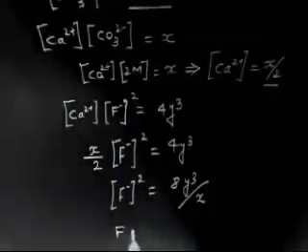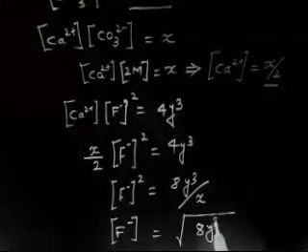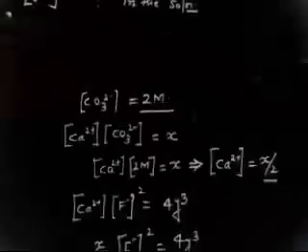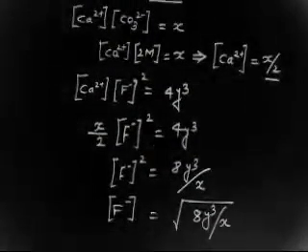So simple. So F minus will be nothing but root over 8 by Q divided by X. Now see, this is the final F minus concentration you will have.